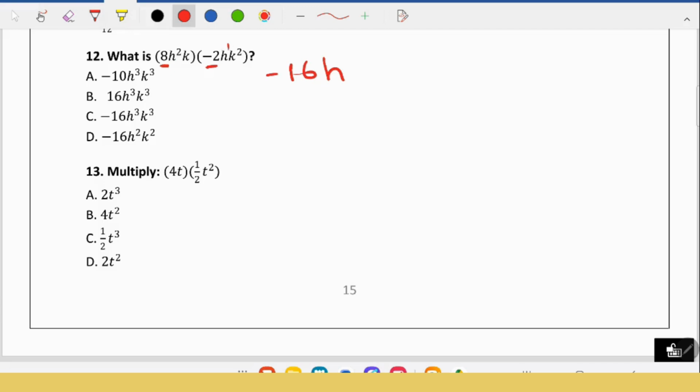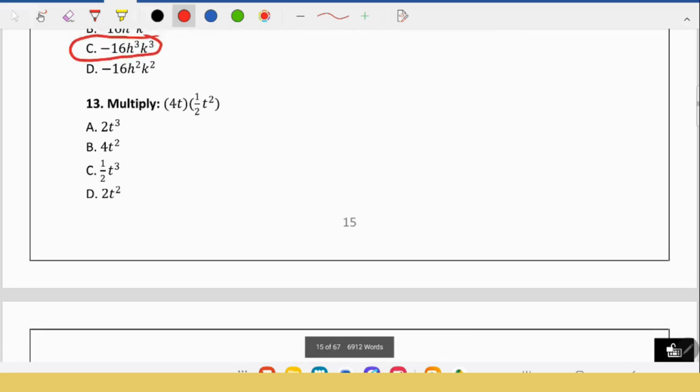So 2 plus 1 is 3. K1 and k square, k is 3. So negative 16 h cube k cube. I have to be very careful if I write positive here. So I will choose option B, which is incorrect. I have to be careful multiplying the signs as well.